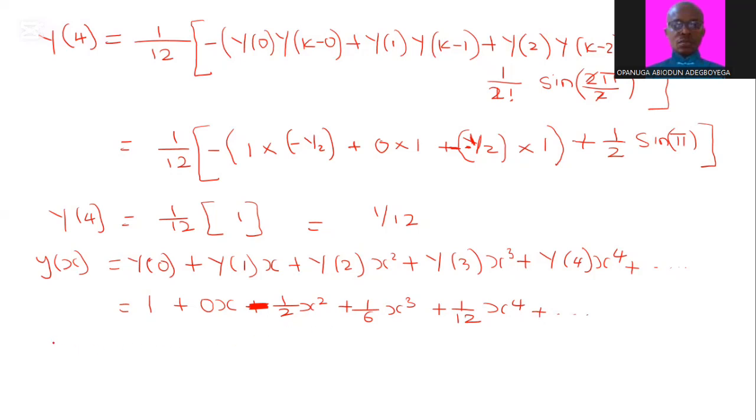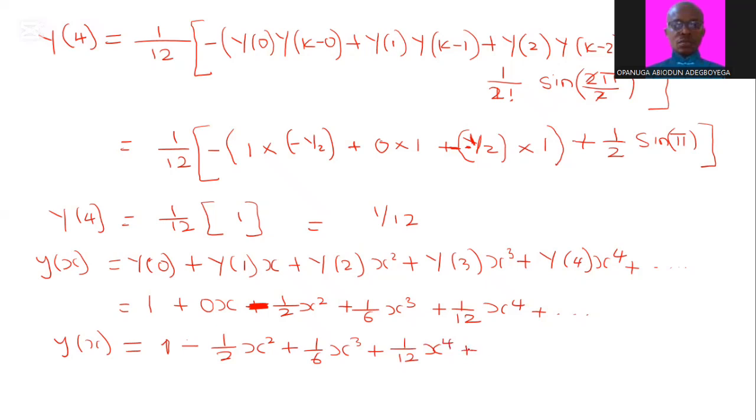So that means the solution of the initial value problem by differential transform method is 1 minus 1 over 2 x squared plus 1 over 6 x raised to the power 3 plus 1 over 12 x raised to the power 4.